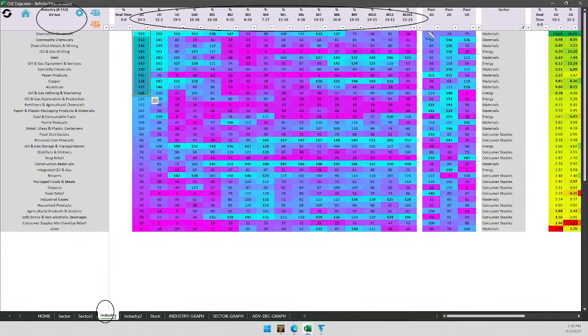1 day to 12 months score. During market hours, real-time score is calculated, and we have the pace over 1 to 5 days. The actual performance is shown further to the right. So I am highlighting only the industries in the three strongest sectors: energy, materials in terms of strength, and consumer staples in terms of acceleration.